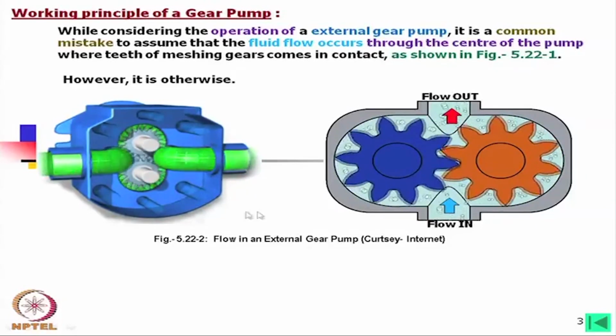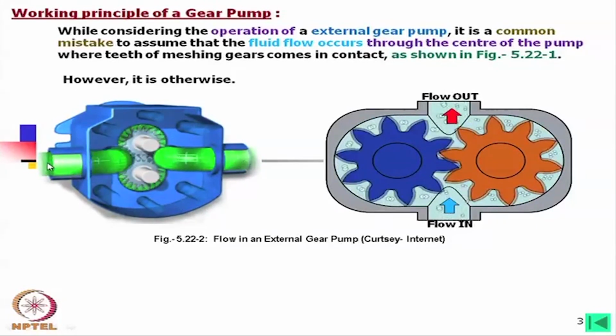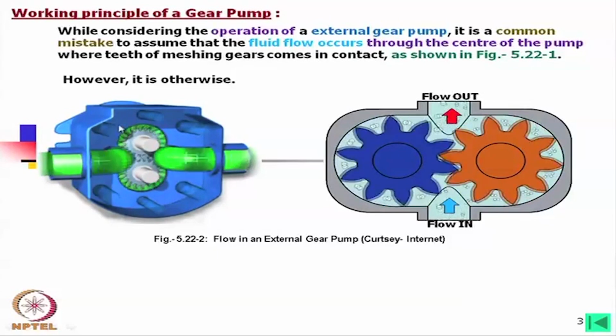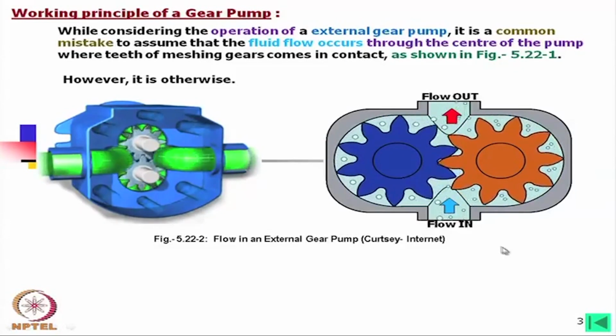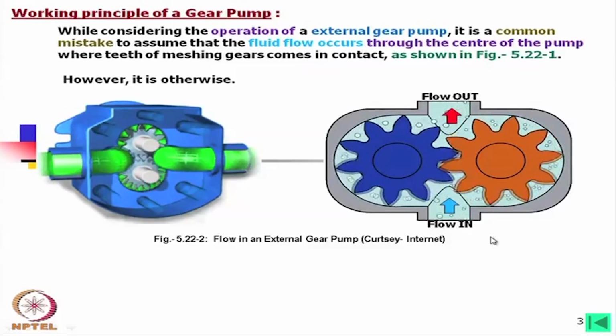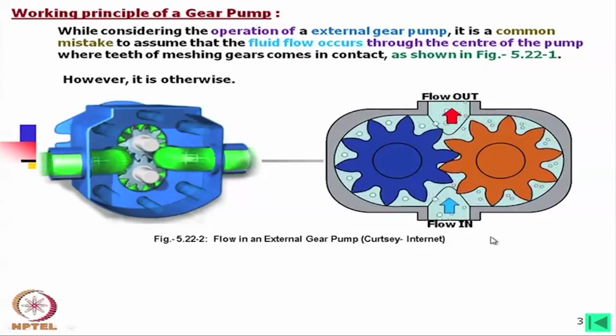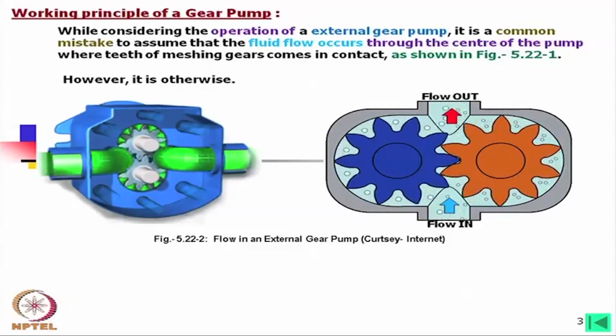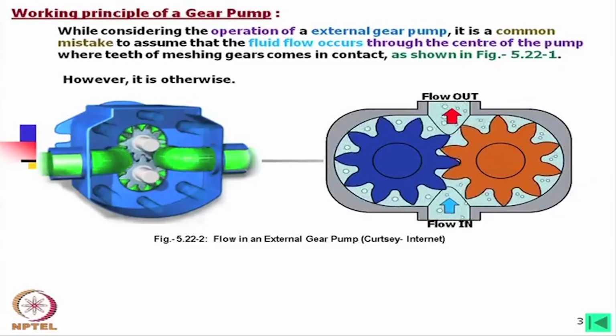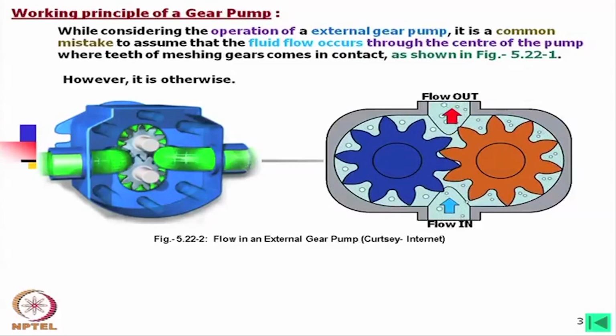If you look into this view, the oil is coming in like this and oil is going out like this. So, this is the direction of the flow. So, in fact, again what we think, okay, direction of flow we have corrected.